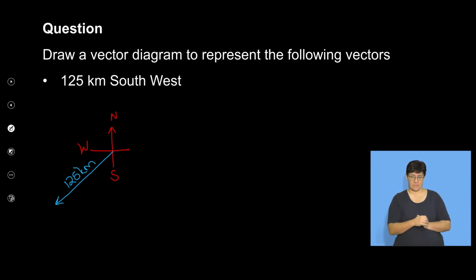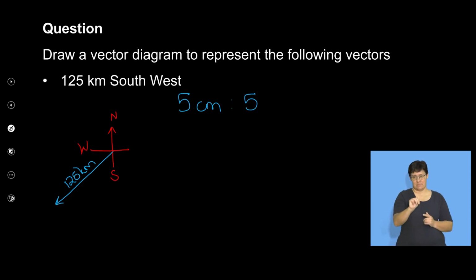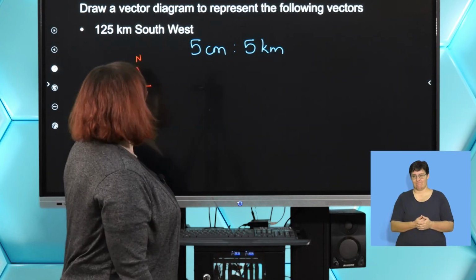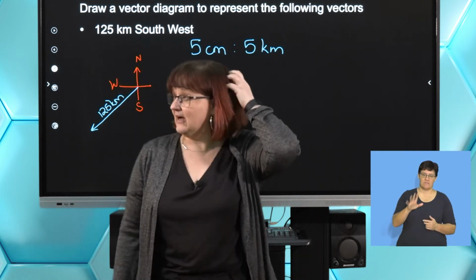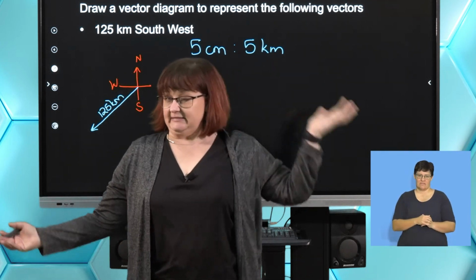For one like this, where it's a very big number, even if we went, for example, 5 centimeters is 5 kilometers, we would never be able to fit this on our page, because we would have to go 125 divided by 5, and the line's just going to be too long.